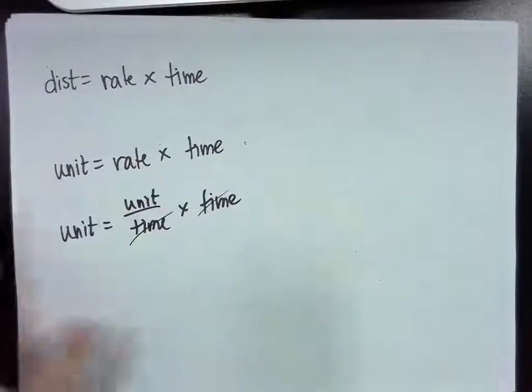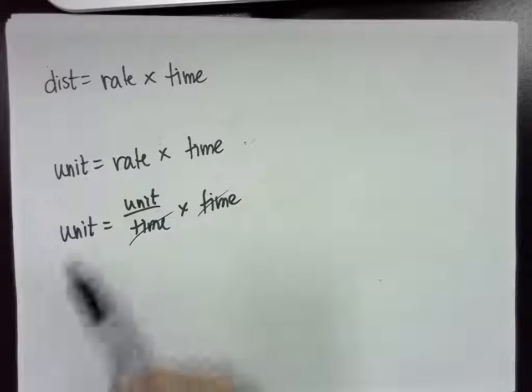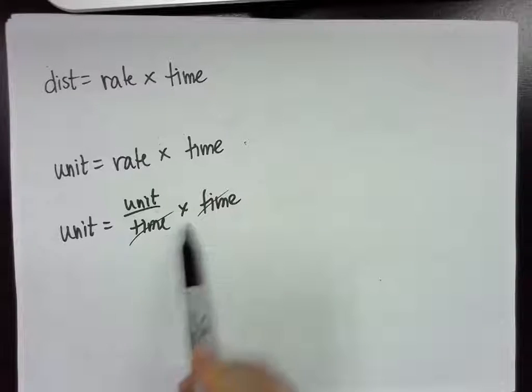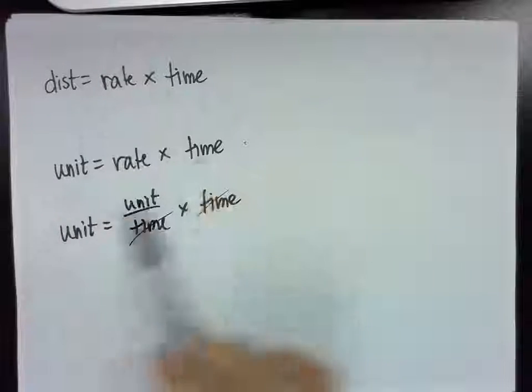These cancel out and you get the units, right? So it's always important to look at whatever units you're given. So it could be a number of ounces of milk that you can drink per second, or it could be diapers you can change per minute, or whatever. But it's just some unit in some amount of time, and so it always follows this general kind of formula.